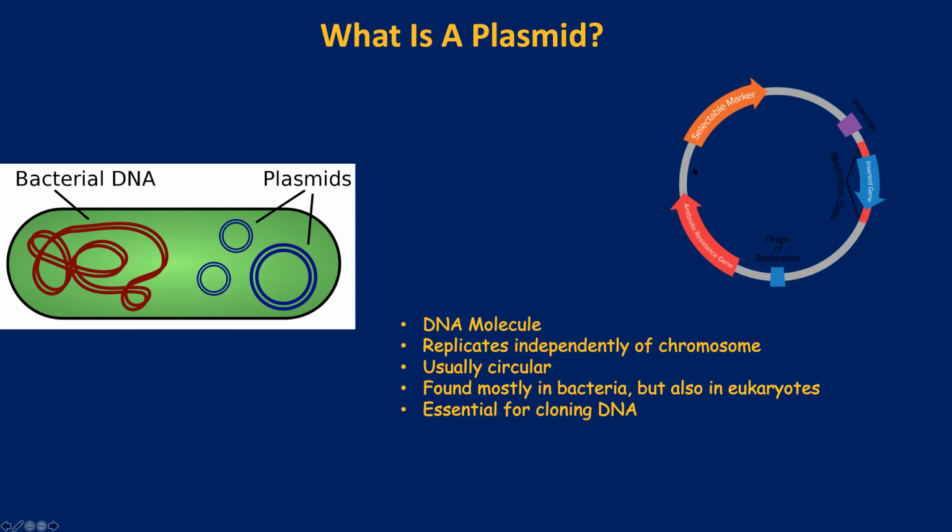Now, on the right, you see a generic plasmid cloning vector, which has a site, usually called a polylinker, which has a whole series of restriction enzyme sites there for the convenience of the cloner, an origin of replication, an antibiotic resistance gene, and a selectable marker.